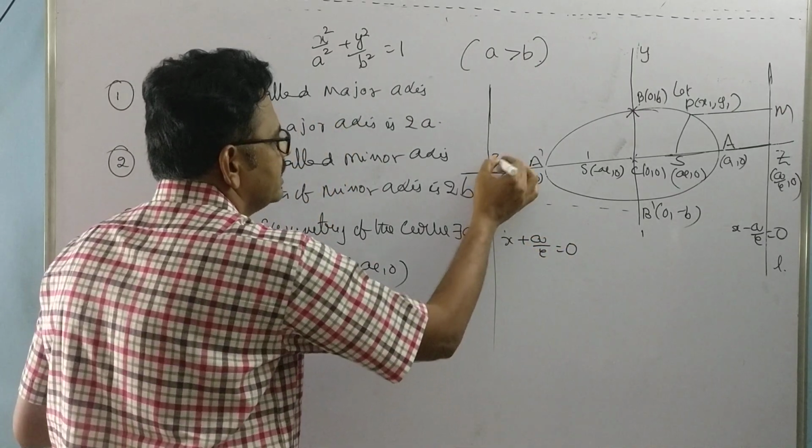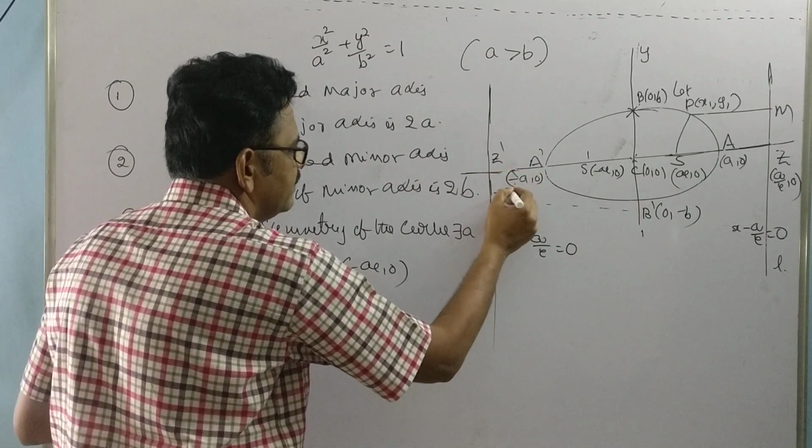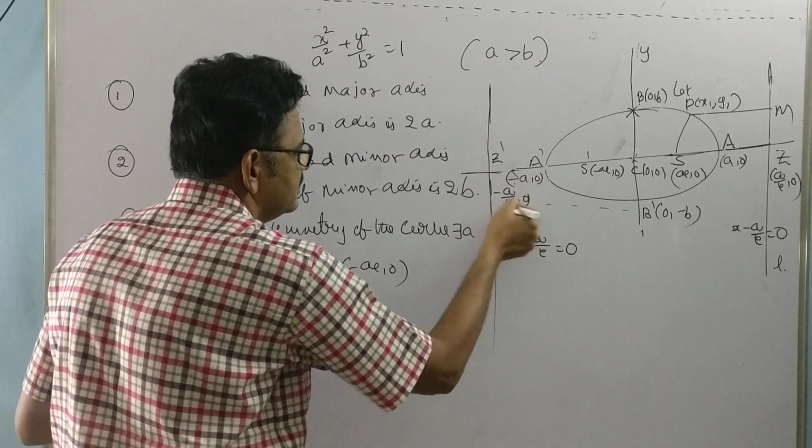So these are the coordinates of Z dash: minus a by e comma 0.